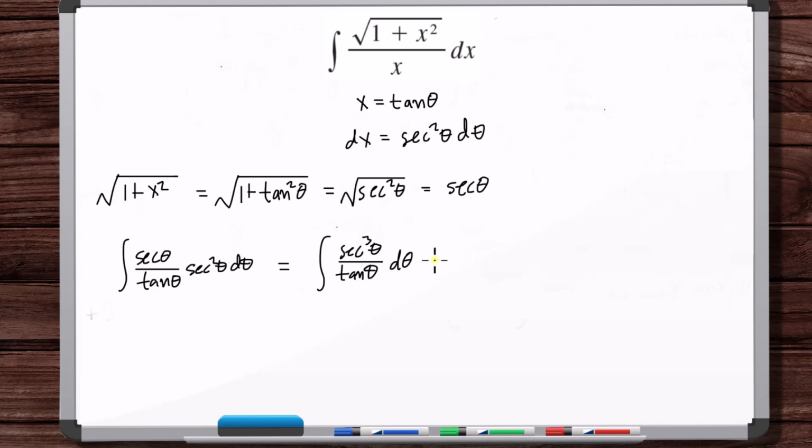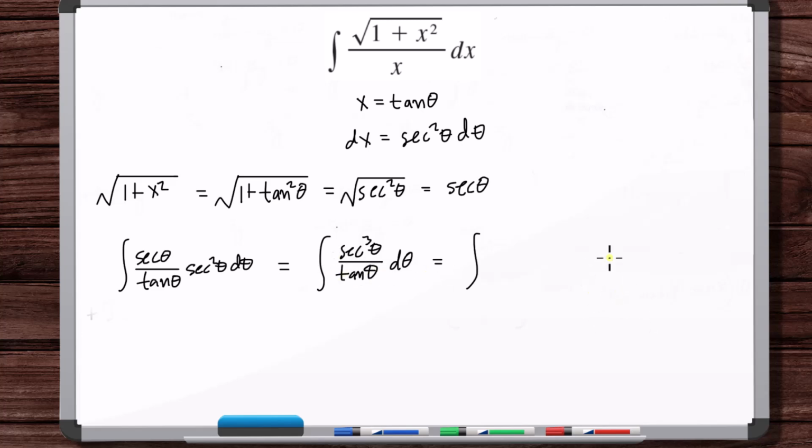Now we have an odd power on the tangent, and so if we were multiplying secant cubed theta by tangent theta, then we could separate out a secant theta tangent theta and then say u is equal to secant theta. But this is different because the tangent theta is in the denominator.